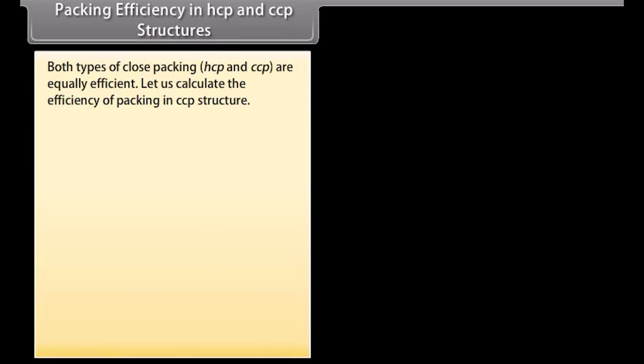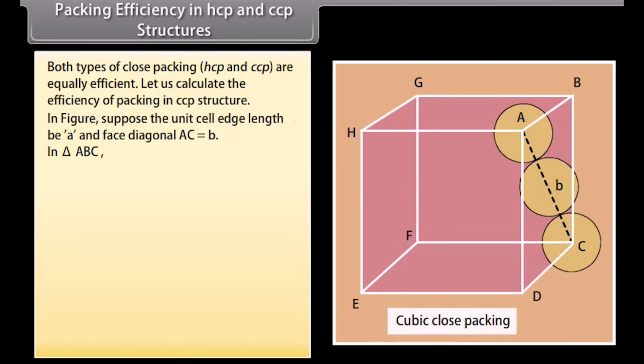Packing efficiency in HCP and CCP structures. Both types of close packing, HCP and CCP, are equally efficient. Let us calculate the efficiency of packing in CCP structure. In the figure, suppose the unit cell edge length BA is a and the face diagonal AC is b.